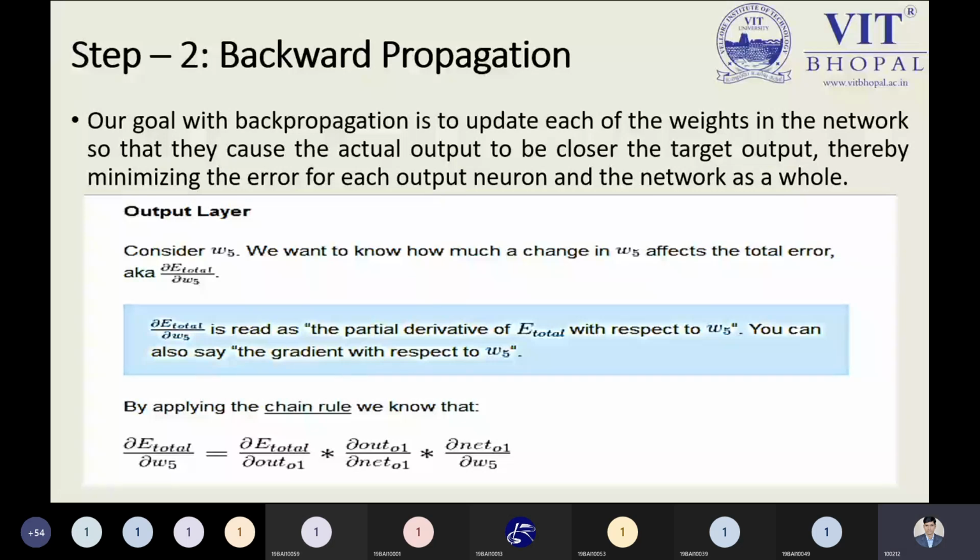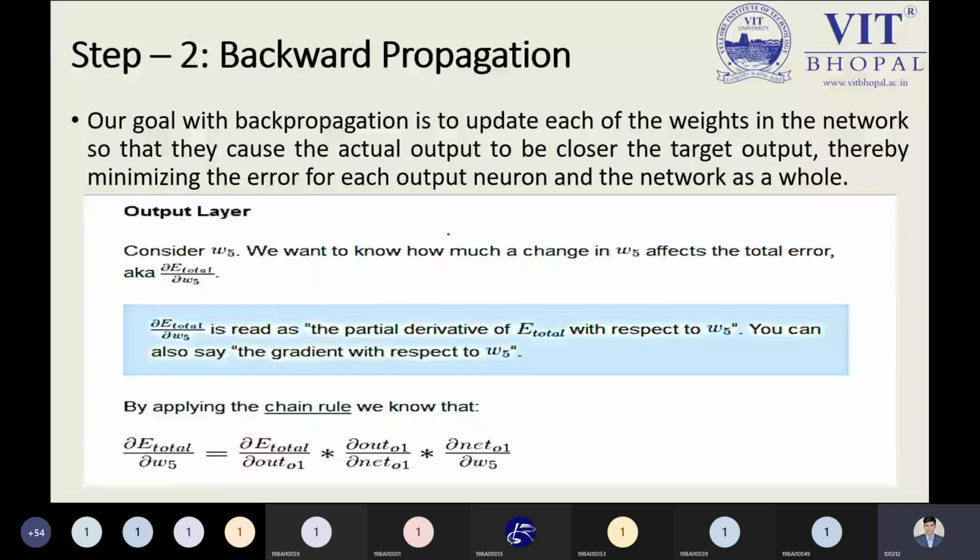This is the notation you people have to keep in mind. You can also say this is the gradient with respect to W5. So what we are doing is using the gradient in mathematics.